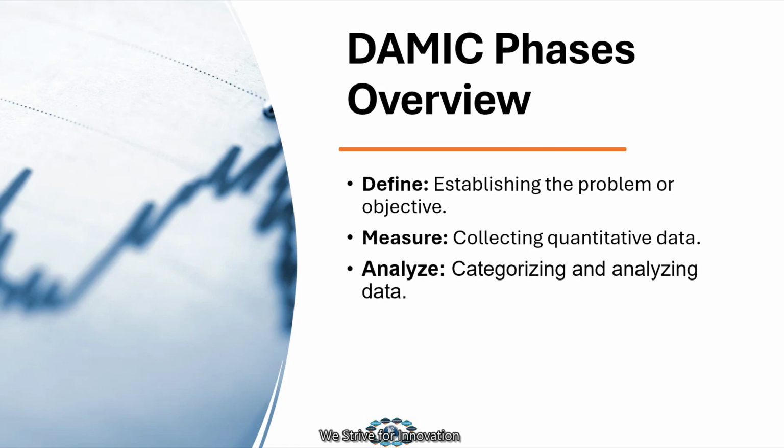In the analyze phase, the team will categorize and analyze the data that has been collected in the measure phase to identify any patterns and trends, such as grouping customer complaints by product category in a retail setting.